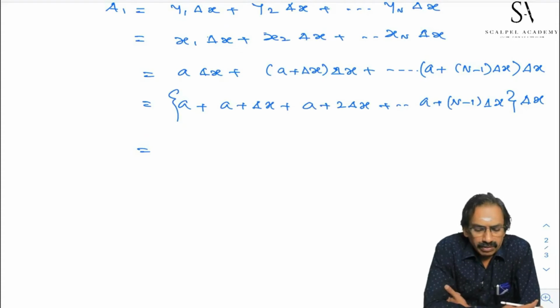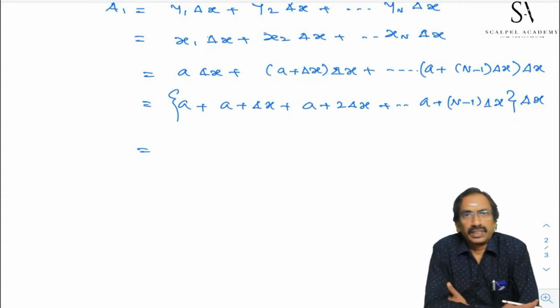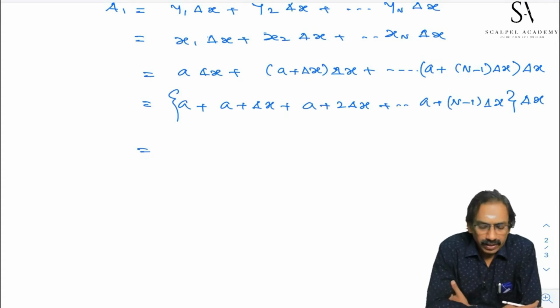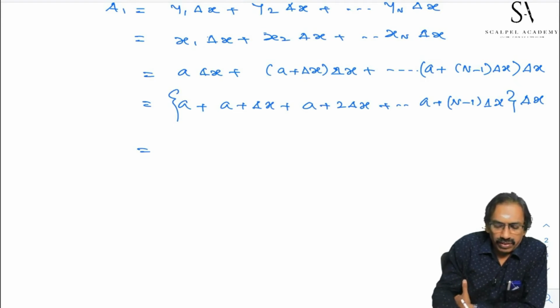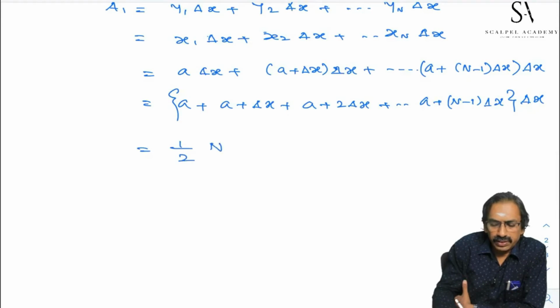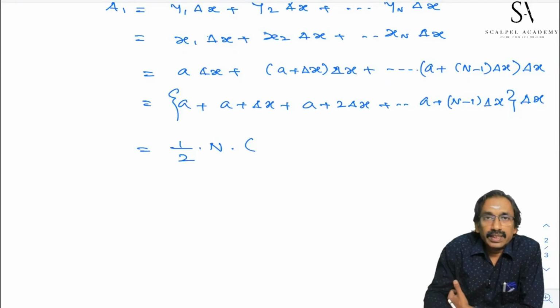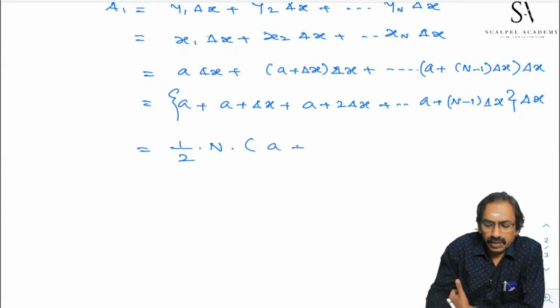What is the formula for the sum of n terms of an AP? Half into the number of terms into the sum of the first term plus the last term, that is a plus (a plus (n minus 1) delta x).